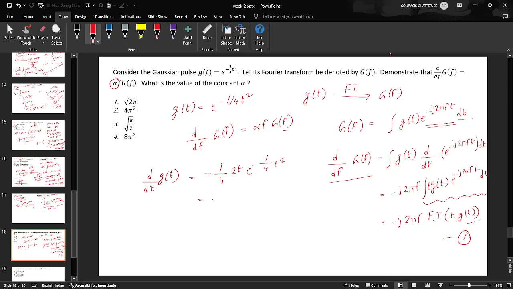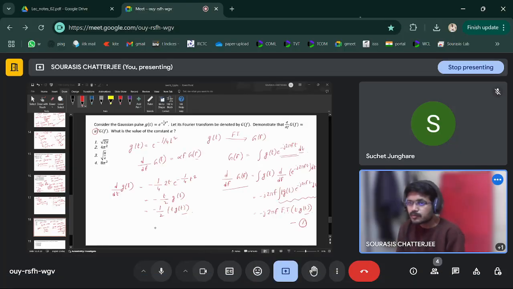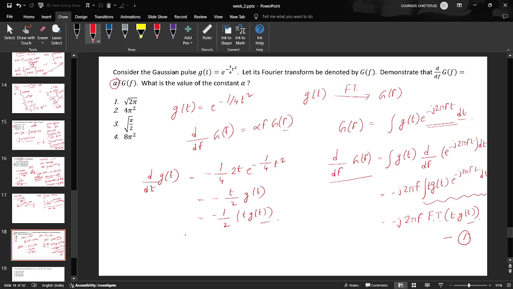So this one here is nothing but minus t by 2 g(t), or we can say minus half t g(t). So we have this as equation 2.